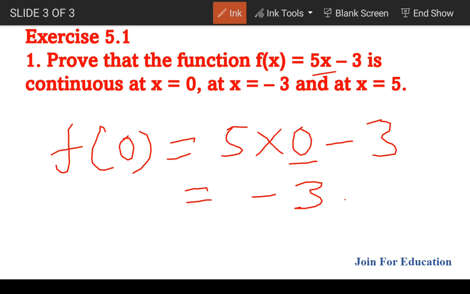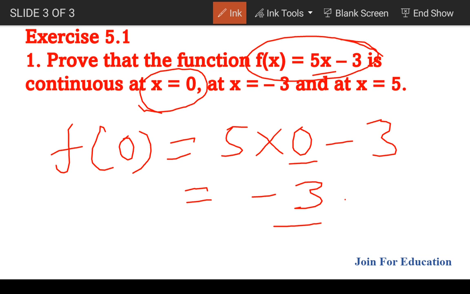From the working it is clear that the limit of the function as x tends to 0 is equal to the value of the function at x equal to 0. Both are the same. Therefore we say that the function 5x minus 3 is continuous at x equal to 0.